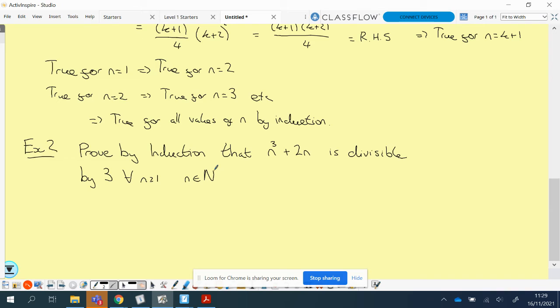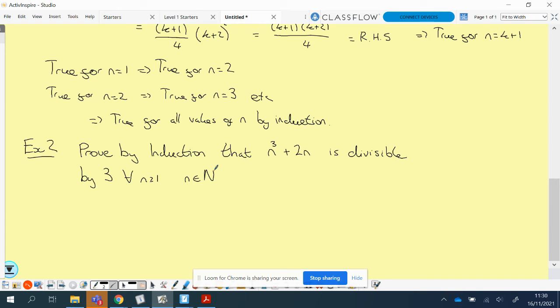Okay, so that's just a bit of notation there. That upside down A looking thing means for all. So for all values of n greater than or equal to 1, we want to prove that n cubed plus 2n is divisible by 3 when n is a natural number, like 1, 2, 3, 4, no decimals, nothing like that.